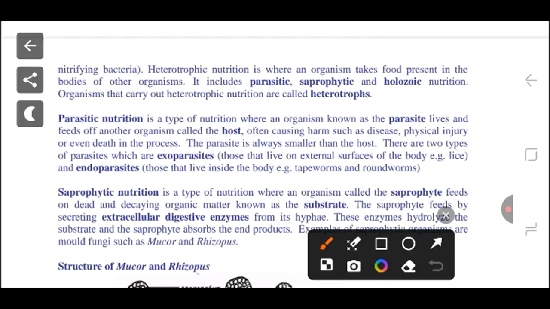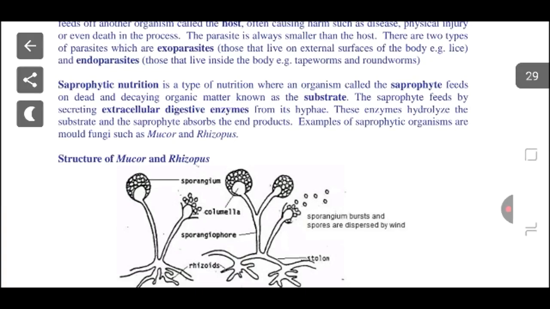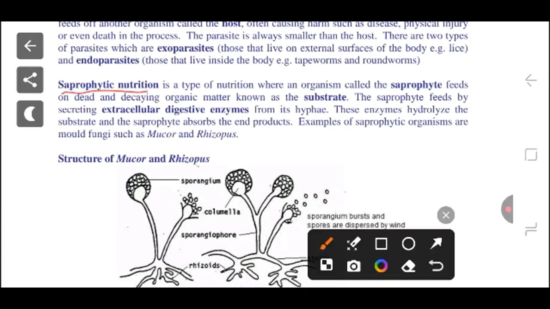We go to the second type of nutrition, which is saprophytic nutrition. This is a type of nutrition where an organism called the saprophyte feeds on dead and decaying organic matter known as the substrate.